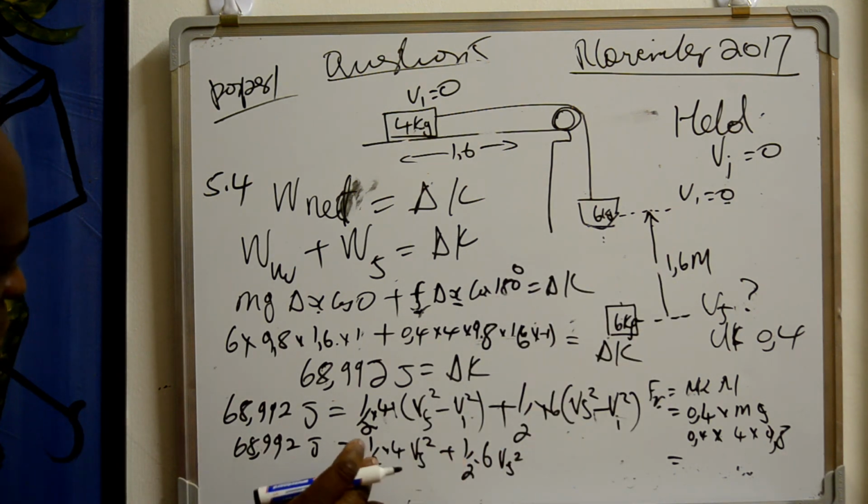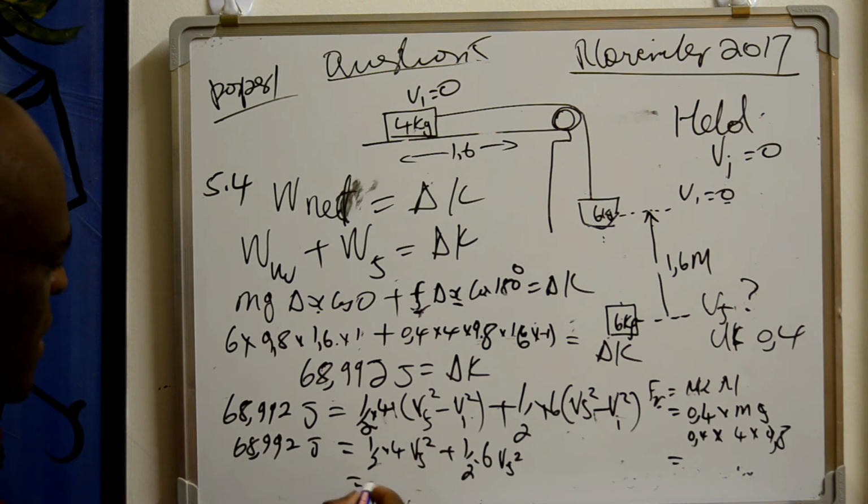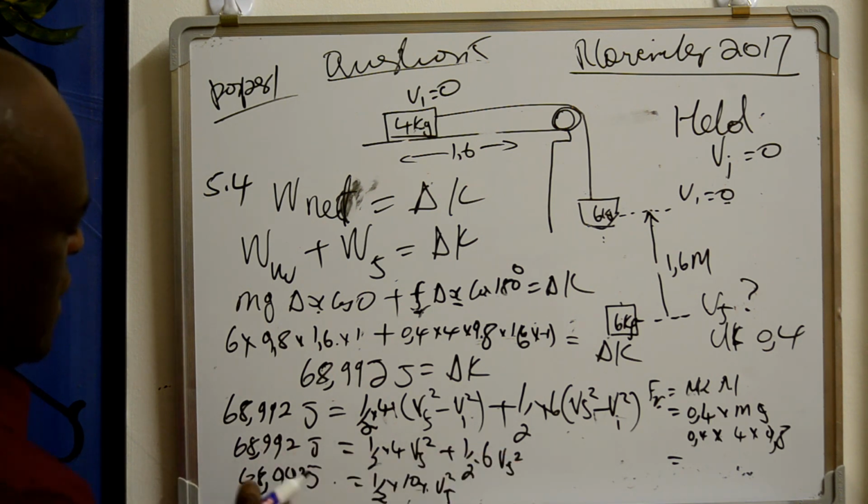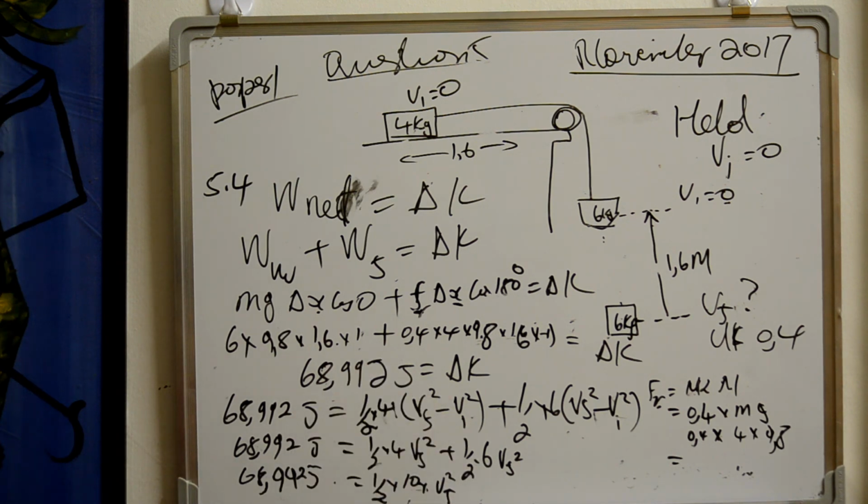Then you add them, and you get half times 10 times Vf squared, which is equal to 68,992 joules. Half of 10 is 5, you divide it here, you get Vf squared, and then you get the square root.